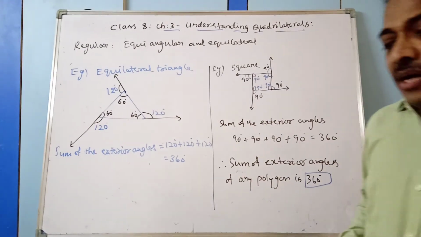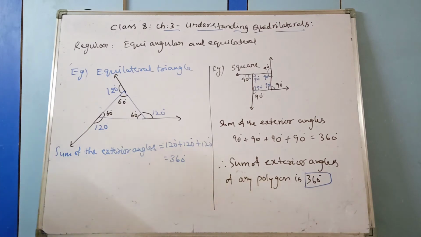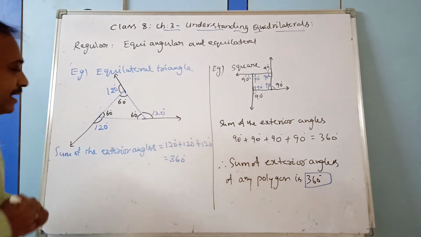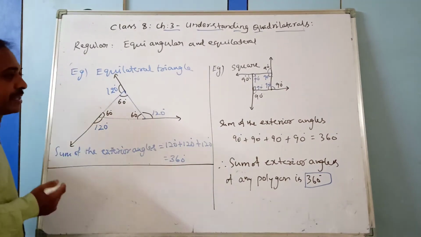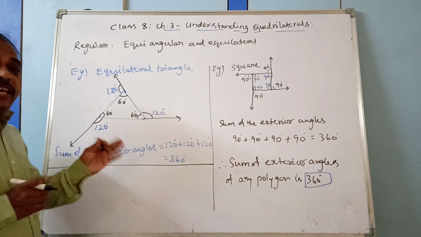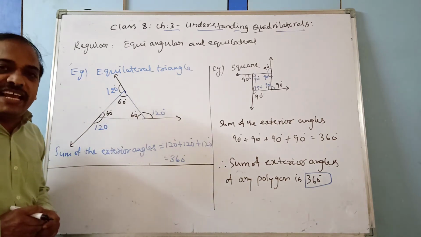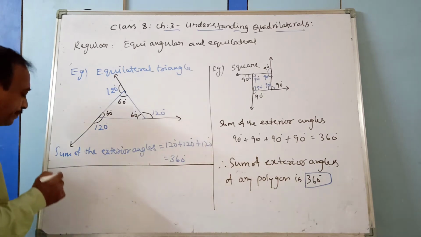Now, one more concept in this. After this, the next topic is, if they give the number of sides, find the measure of each exterior angle. Observe it.